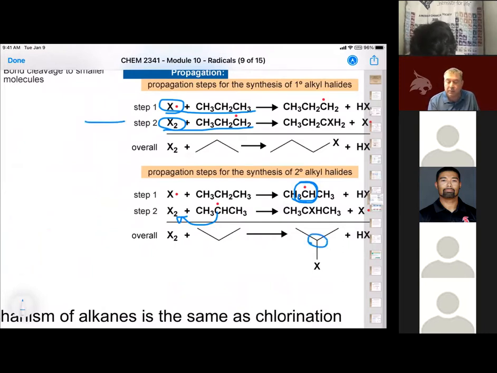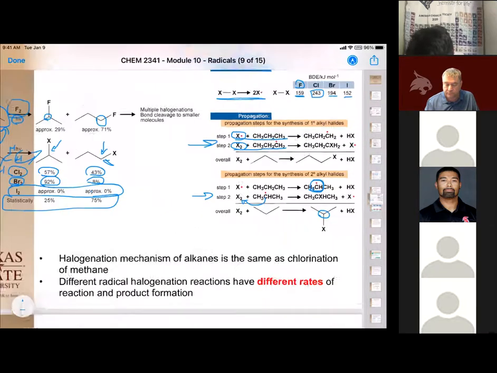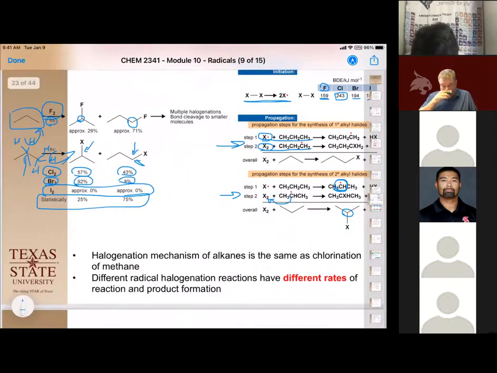This is our propagation to get to our primary alkyl halide. This is our propagation to get to our secondary alkyl halide. So what's different? If the mechanism's the same for all of these, why are they different? We'll have to come back on Wednesday to figure out why, because it's just past 10:50.